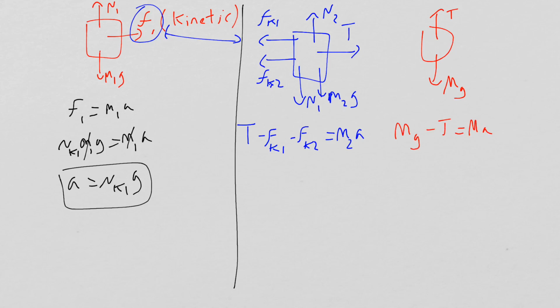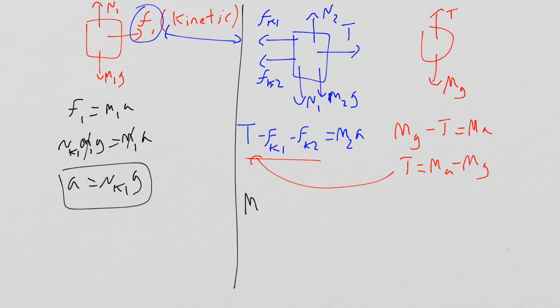Now, Fk1, the frictional force from block 1 on block 2, we already know that. We kind of calculated it before. Mu k1 m1g. Friction force number 2 is based on normal force number 2. And that part actually hasn't changed from the early part of the problem because our vertical acceleration has never changed.